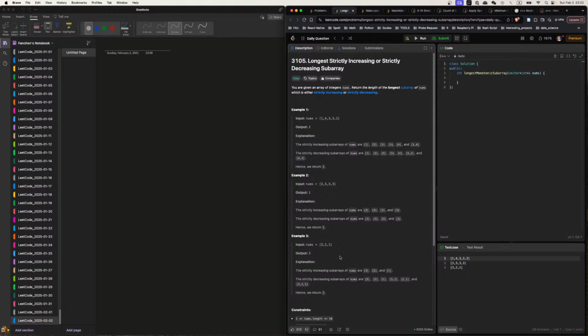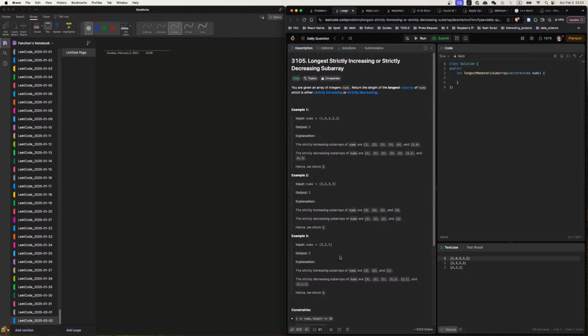If there is a change, then you... Yeah, that's the thing. When you do the starting position, it's kind of difficult. So let's say we start with the second one. If it's bigger, then we set the length to 2. If it's bigger or if it's smaller, we set the length to 2, and then we can start.